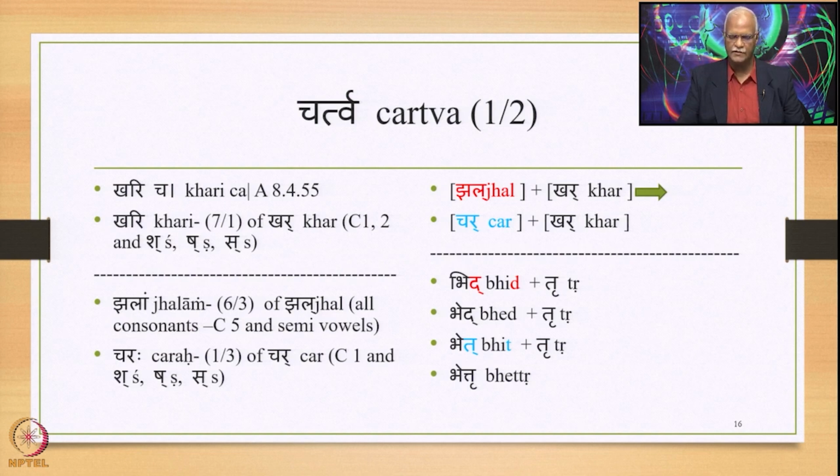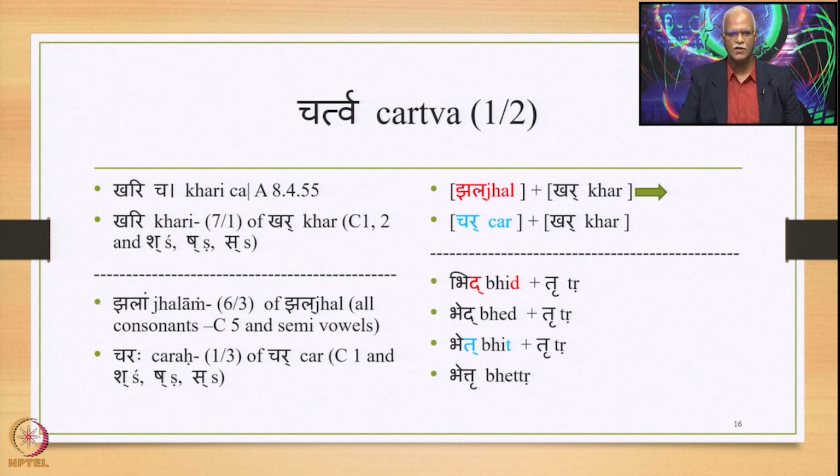Cha means and. Jhalam is 6/3 of jhal, and we know that jhal means all consonants minus consonant 5 and semivowels. Charaha is 1/3 of char, that is consonant 1 and sh, sa.